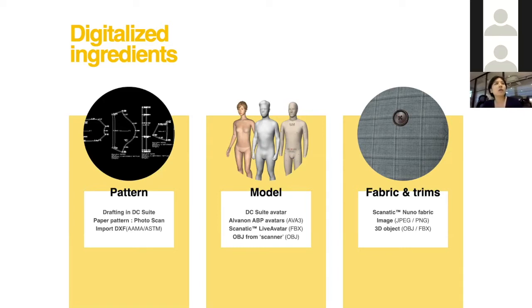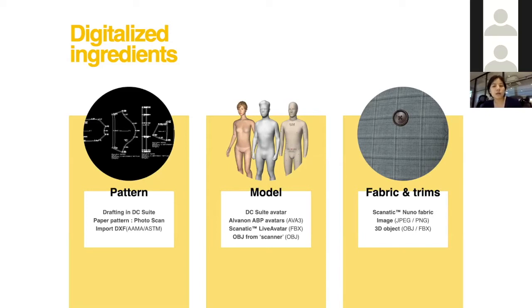And the third is, since we have the Scantic body scanner, after a human is scanned, we can also bring his or her live avatar into DC Suite to try on the design.